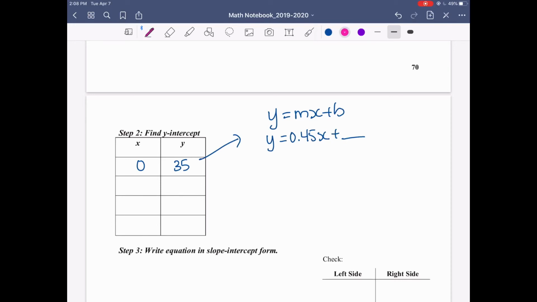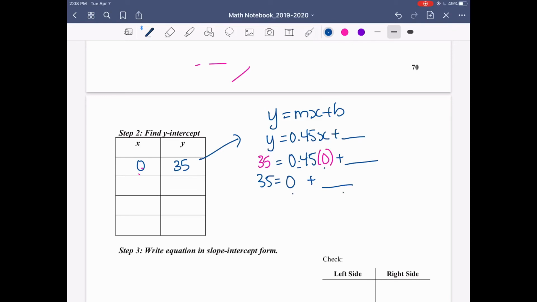So if we plug in our numbers, y is equal to 0.45, and then x is 0, plus something. We know if we plug in both our numbers, y is 35. So 35 equals 0.45 times 0, which is 0, plus something.